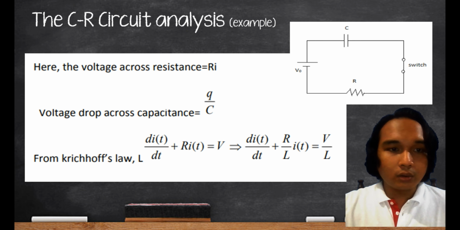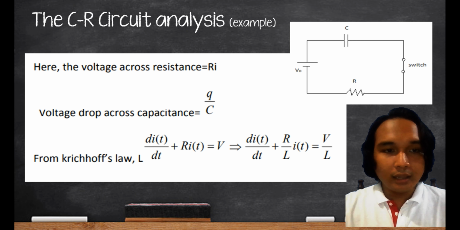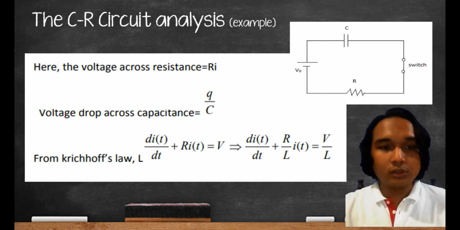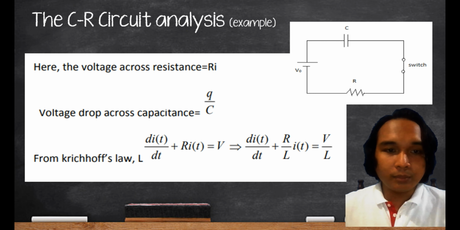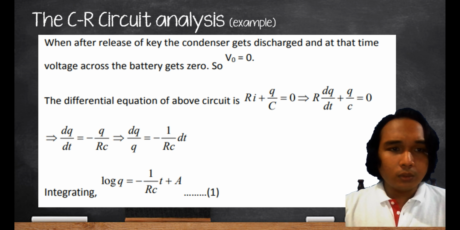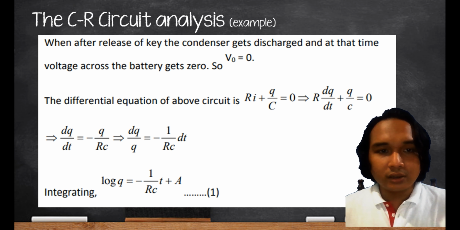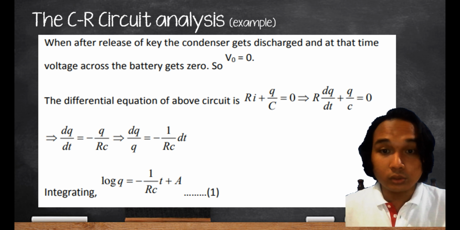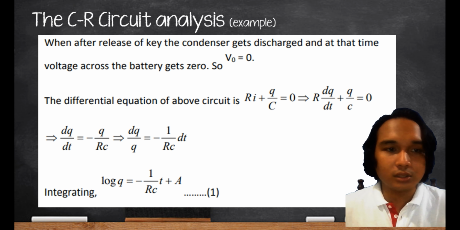The voltage drop across the capacitance is equal to Q over C. From Kirchhoff's law, L di/dt plus Ri is equal to V, which leads to di/dt plus R over L times i is equal to V over L. After release of the key, the condenser gets discharged, and at that time the voltage across the battery gets 0, so V naught is equal to 0, or the initial voltage is 0.